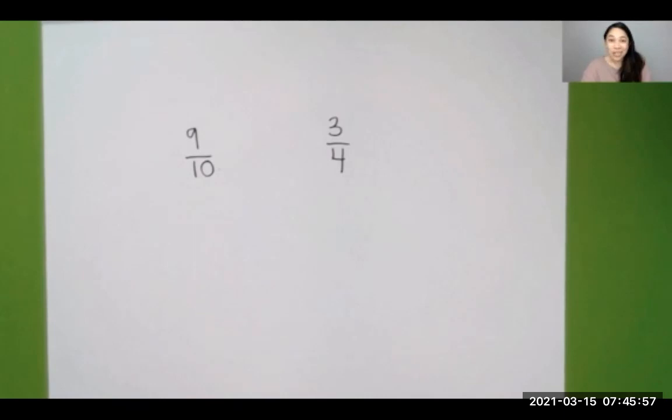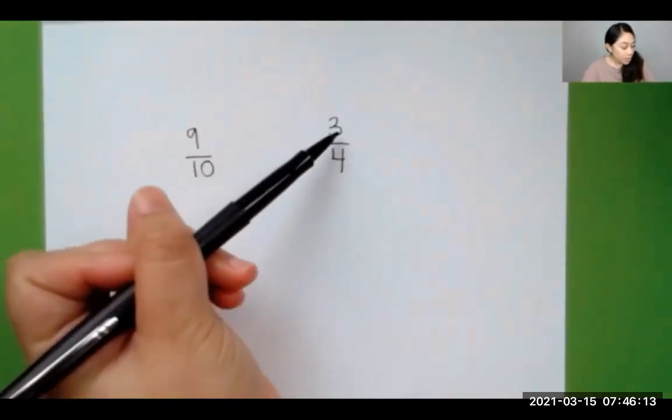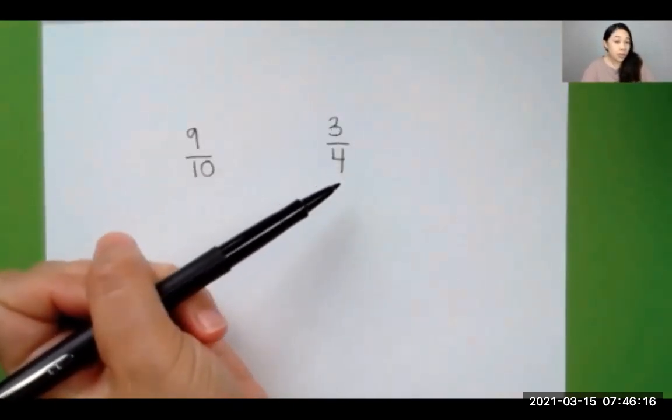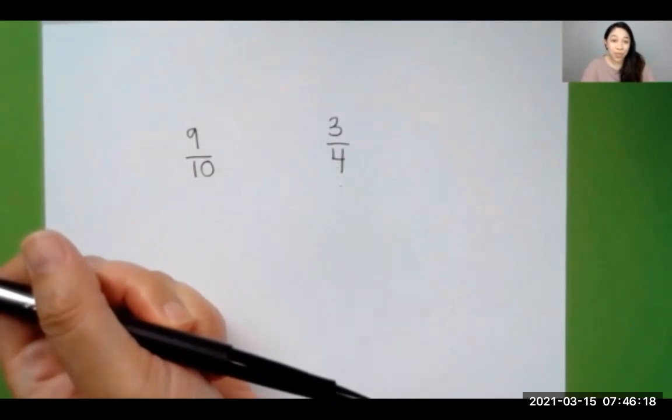What strategy did you come up with? I was thinking that we could make a common numerator of 9. We can do this by multiplying both numbers, the numerator and denominator of 3/4, by 3.